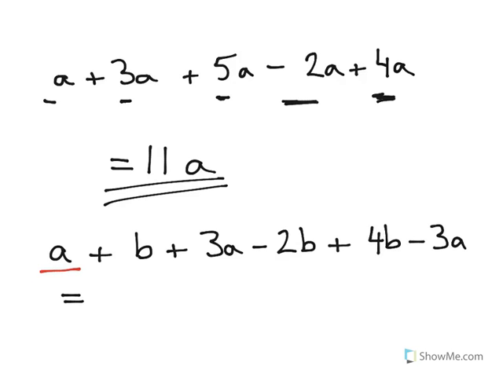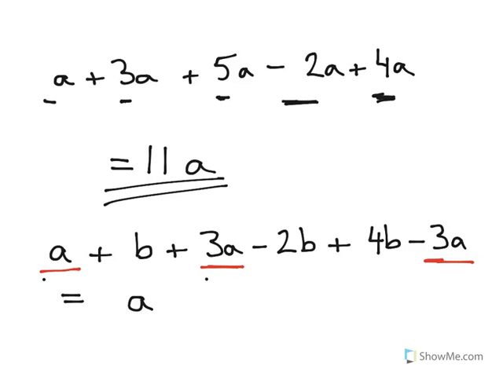I've got an a there and here and here. And then I just say, what is 1a plus 3a minus 3a? Well, I'm answering in a's, and I look at what is 1 plus 3, that's 4, minus 3 is 1. So my answer of a's is only going to be 1a, which I write as a.